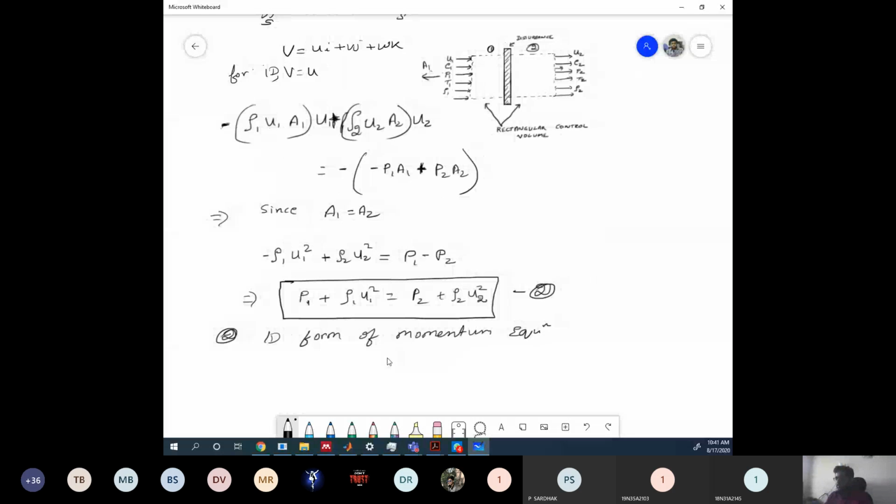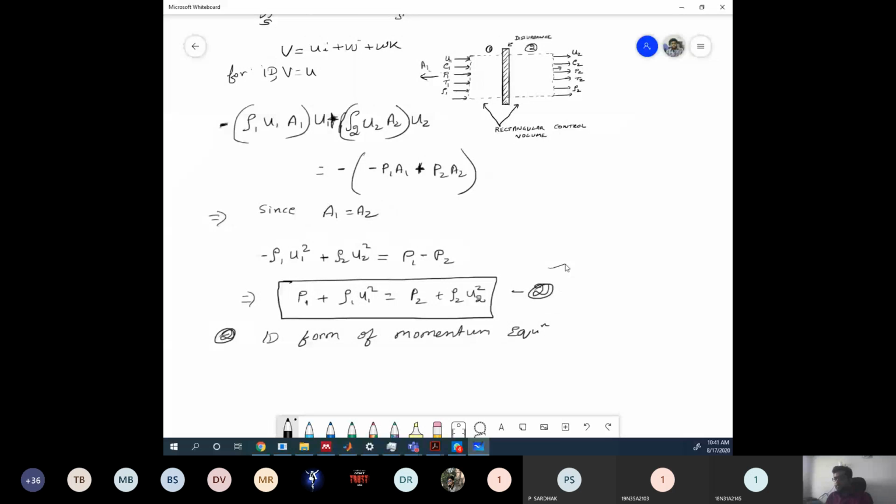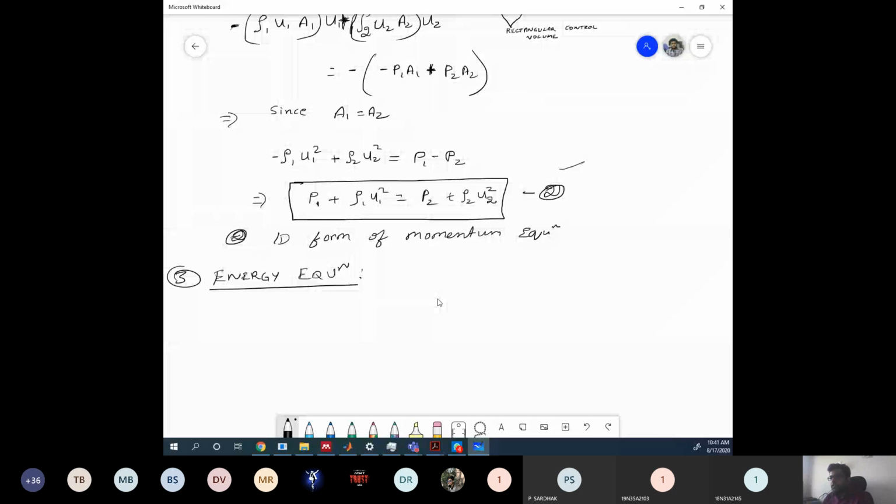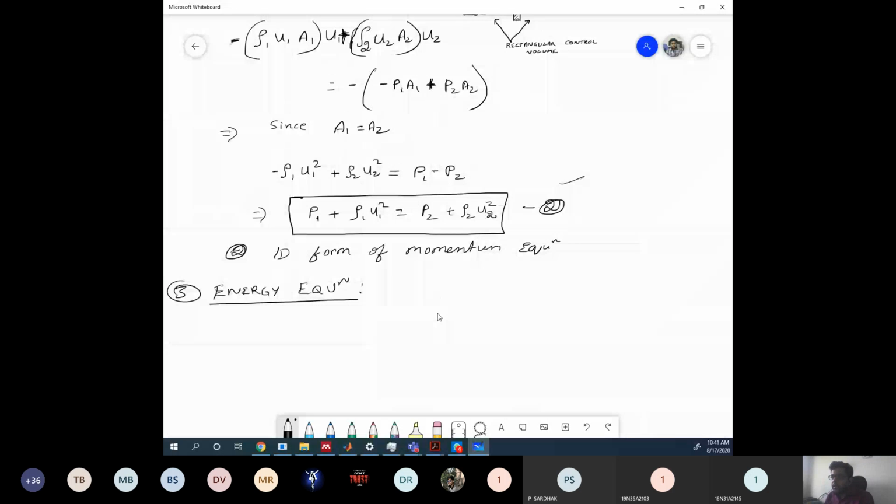You'll start with the continuity, momentum, and energy equations. Every derivation in this course will be based on these one-dimensional forms, so throughout the course you will be writing these three equations repeatedly.